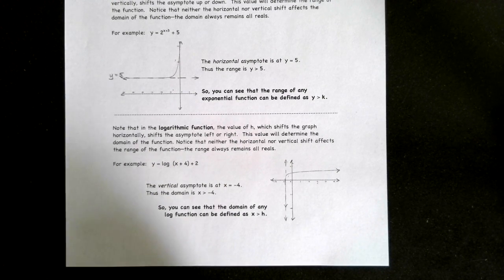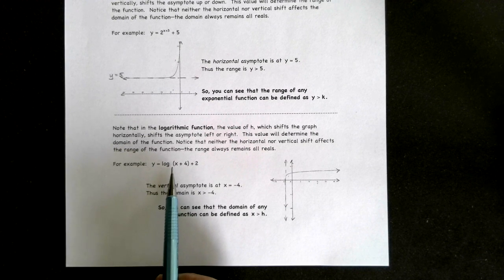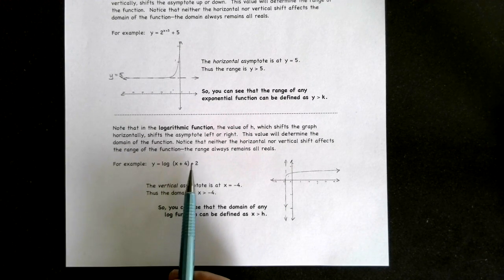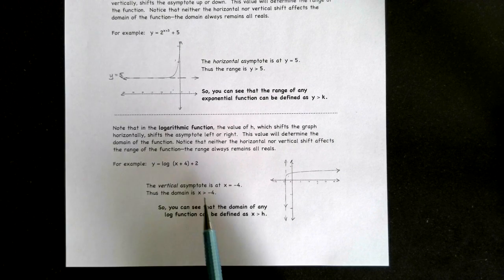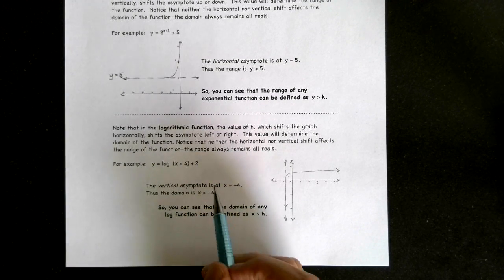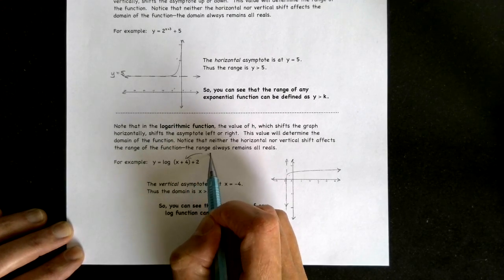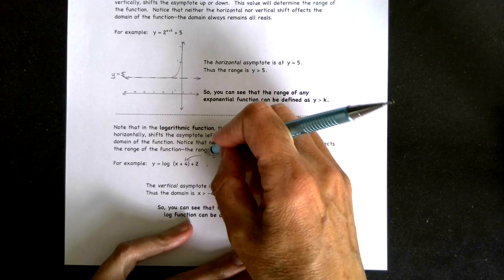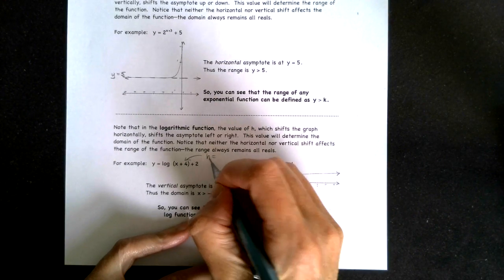So if you look at this example, y equals the log of the quantity x plus 4 plus 2, we will have a vertical asymptote at x equals negative 4, because of course my h value would be negative 4.